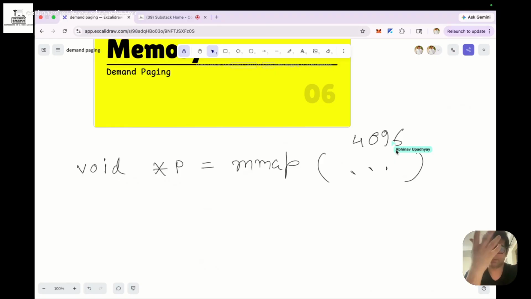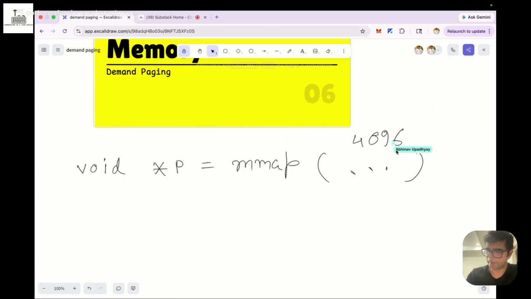If I call mmap like this, mmap is a system call. It has to go inside the kernel, and we are asking the kernel to allocate 4096 bytes, which is one page. So the kernel essentially reserves a virtual memory address range and just gives us back the start of that address range.